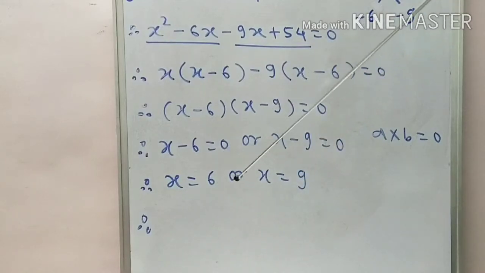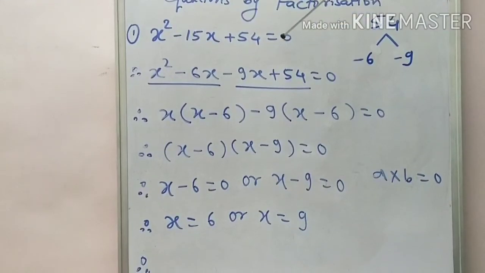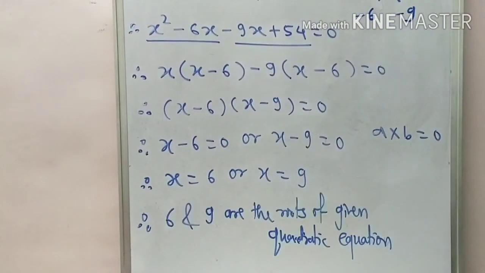It means that when we put the value of x as either 6 or 9, the equation is satisfied, we get the answer 0 for these two values. Hence we write down that 6 and 9 are the roots of the given quadratic equation. This is the kind of example that asks for 2 marks in the exam.